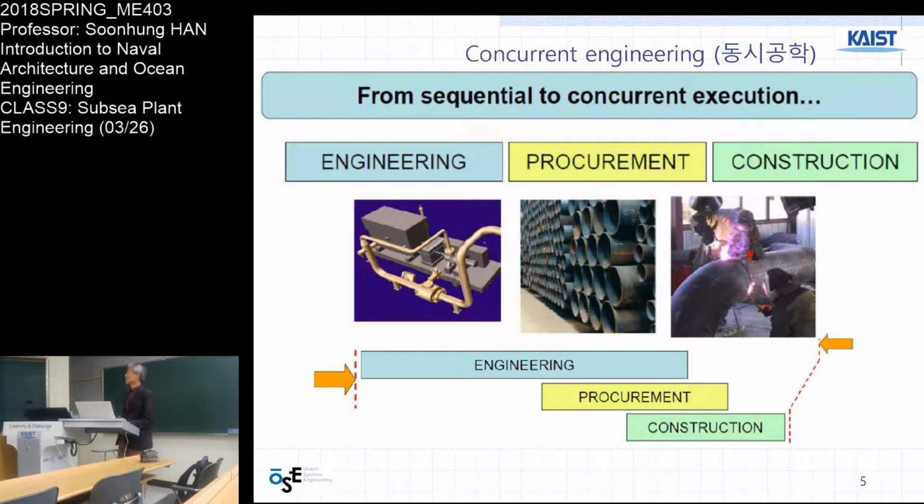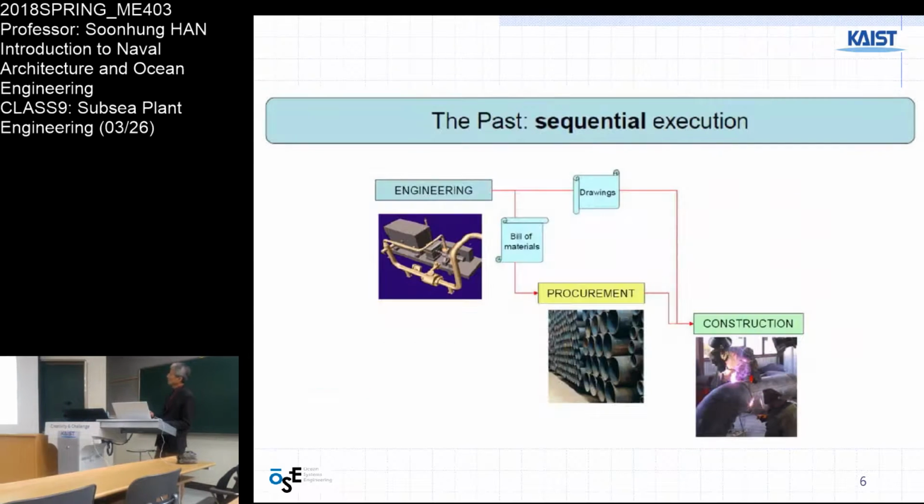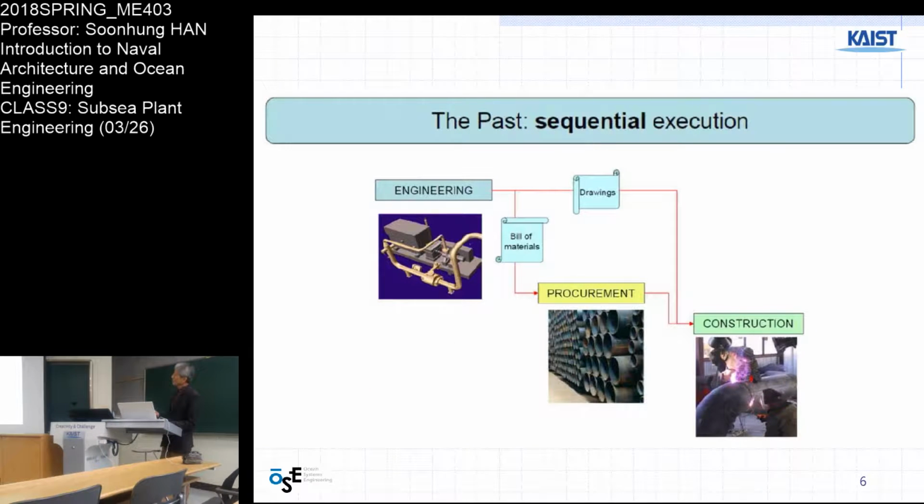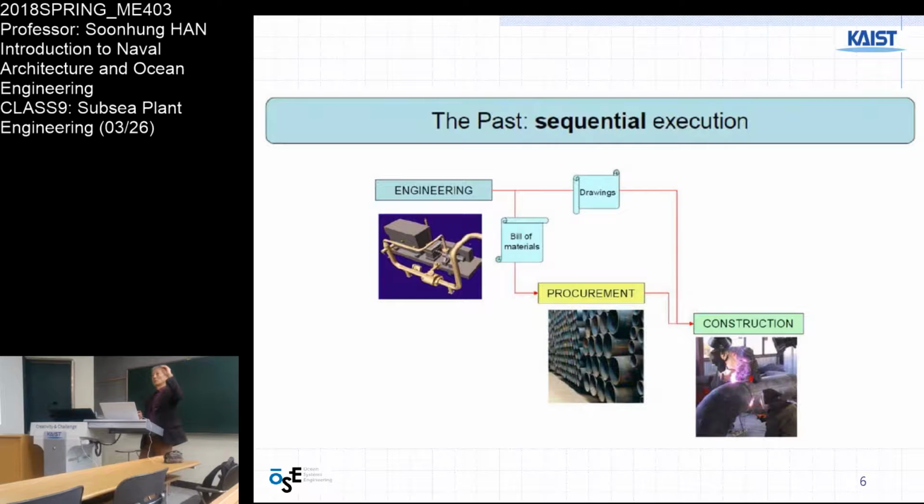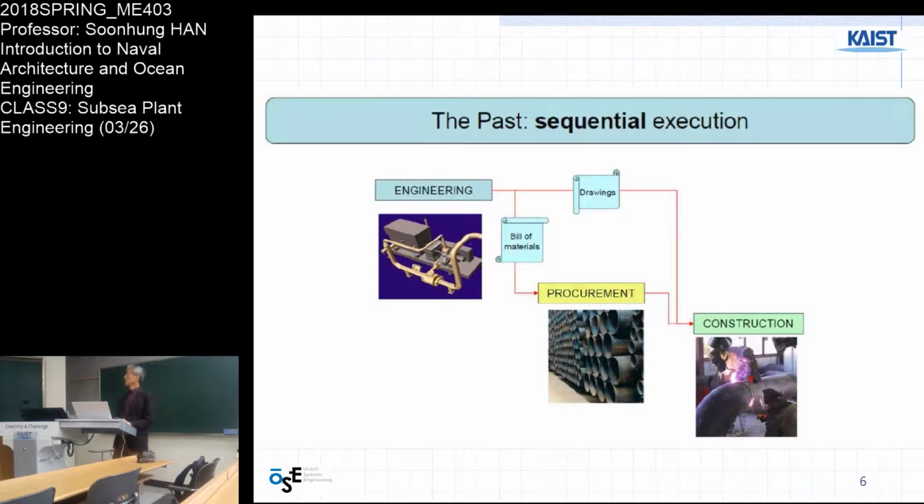All right. So in the old days, there was sequential execution. When it is finished, there are drawings and a bill of material. A bill of material is a component list, or assembly tree, so that we can start procurement. And there is a separate unit, and they should purchase good quality.